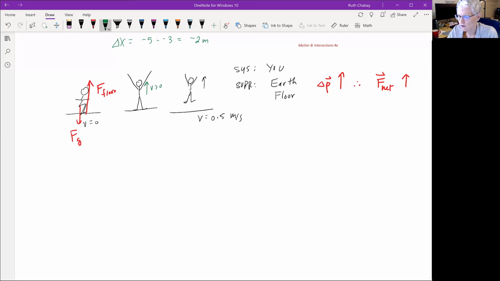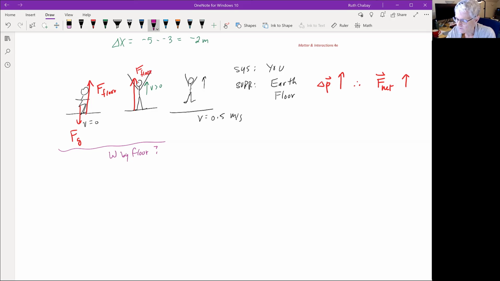So how much work did the floor do on you during that time? Now, to answer that question, we have to look at the point where the force was applied. So the floor is applying a force where your feet touch it, and your feet are still touching it.